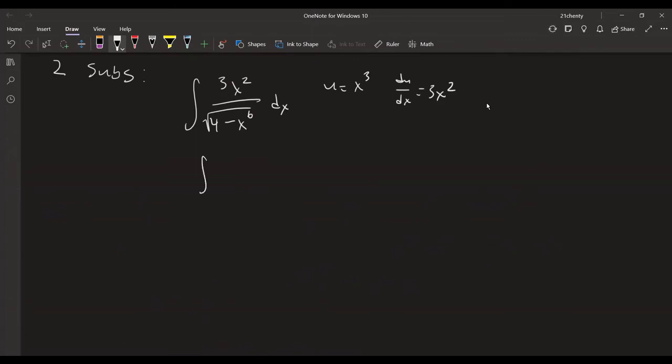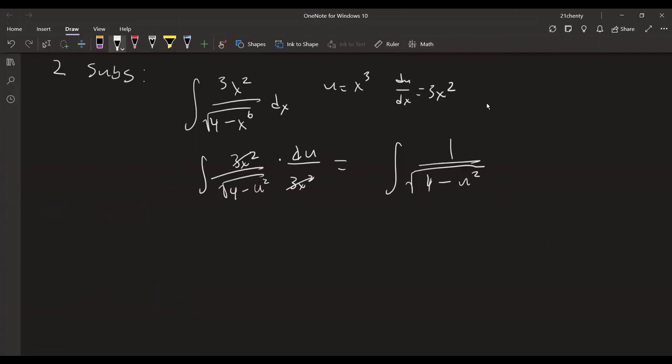Now we u sub, and we get the original times 1 over 3x squared, times du over 3x squared. These cancel, and we're left with 1 over the radical of 4 minus u squared, du.